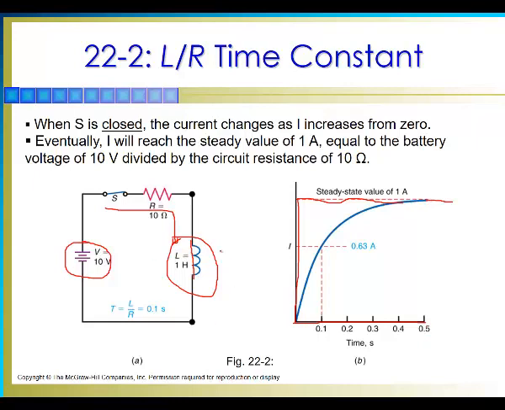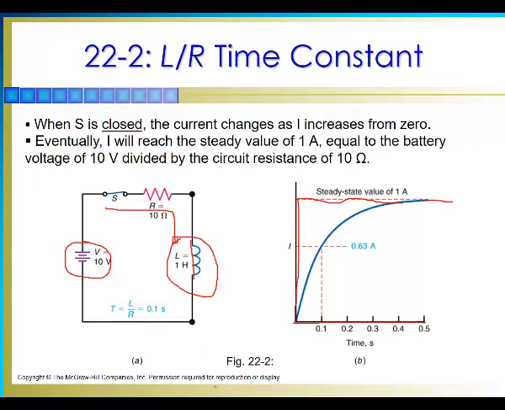In the case of inductors, the transient response lasts until the current reaches the steady value, 1 amp in this case. We calculate this transient response by finding the time constant. The time constant for an LR circuit is calculated by dividing the inductance by the resistance.